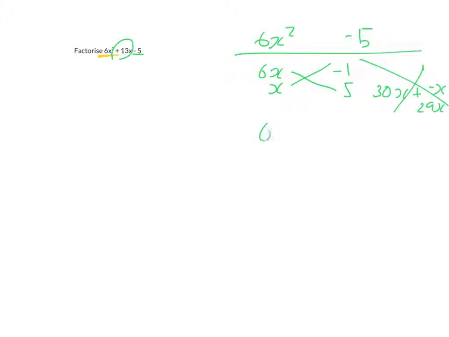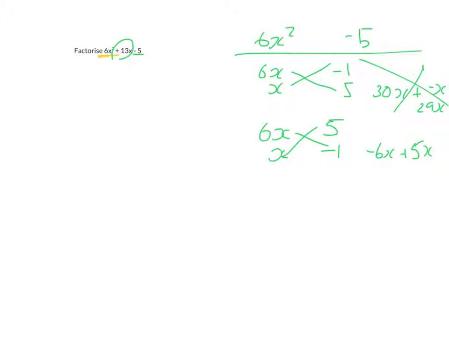I could try 6x and x, and we can try swapping those numbers around, 5 and negative 1. So 6x times by negative 1 will be negative 6x plus, I flicked to the wrong page. Okay, so that we've got plus 5 times x.